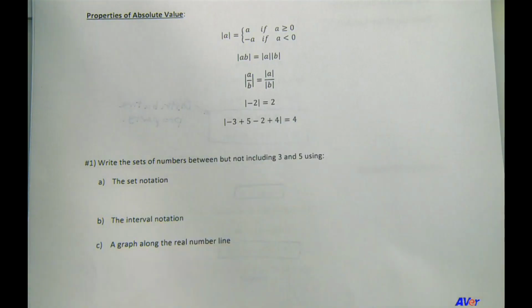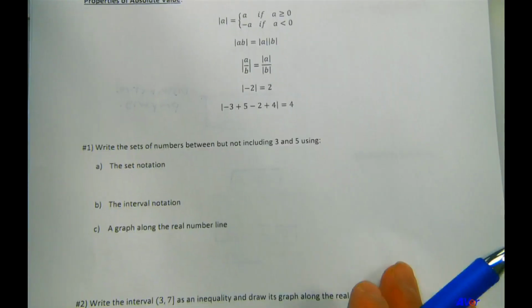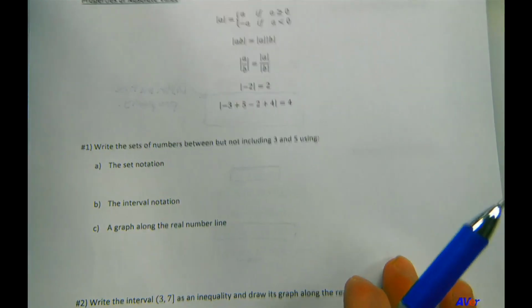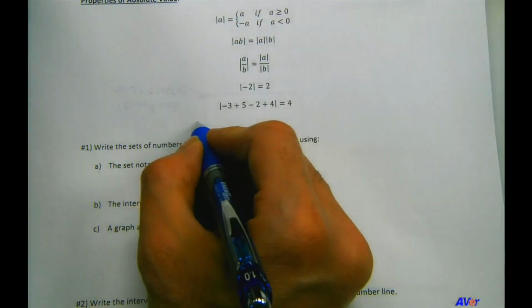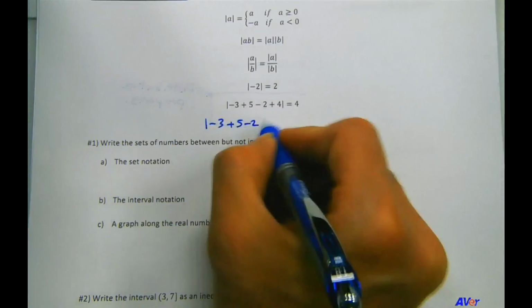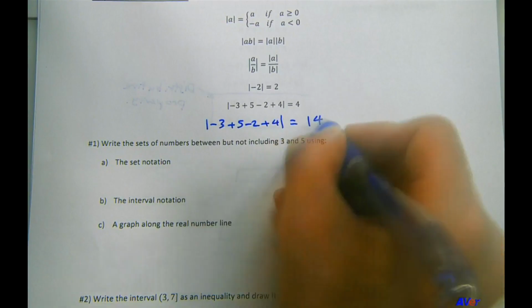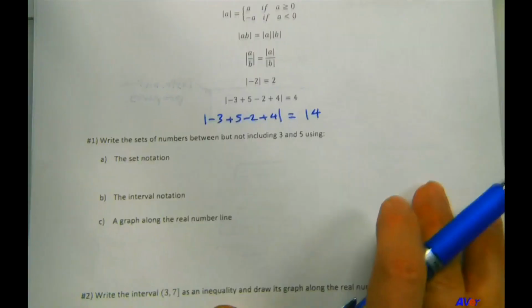One time I had a very similar question on an exam, and a substantial portion of the students answered this as 14, right? Instead of saying 4, they said 14.